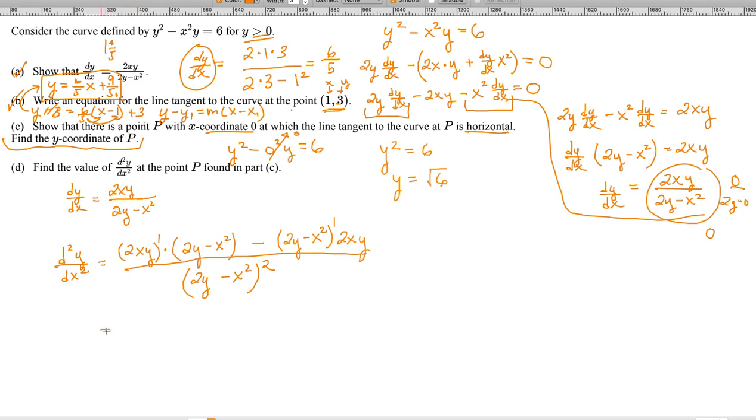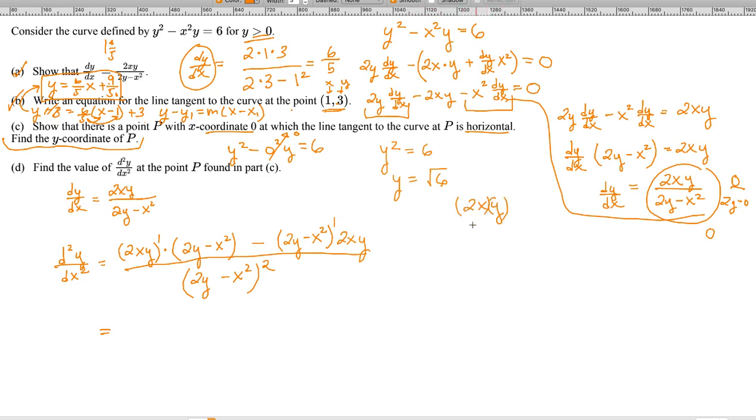Now, let's look at these things that I need to find the derivative for. I need to find the derivative of 2xy. It doesn't matter whether you put the 2 at the side. I'm going to do this times this as the product rule.